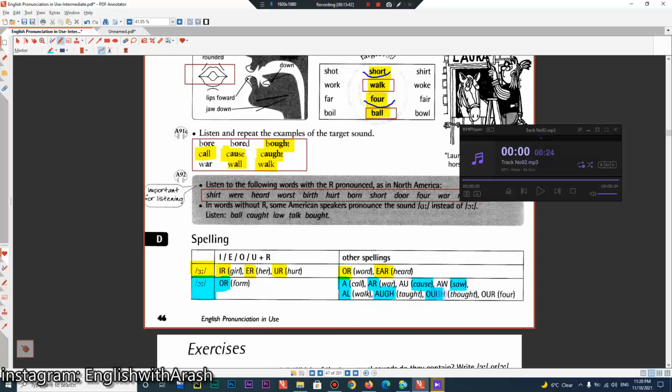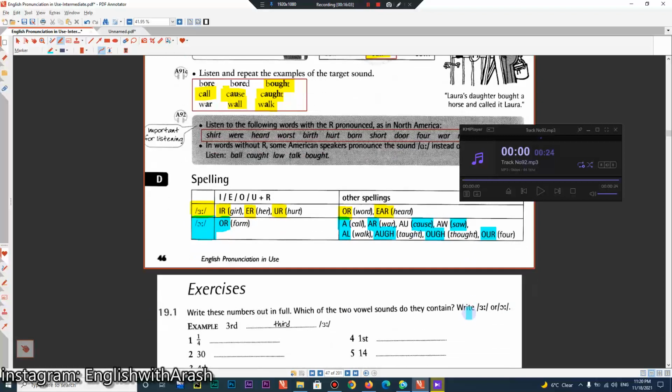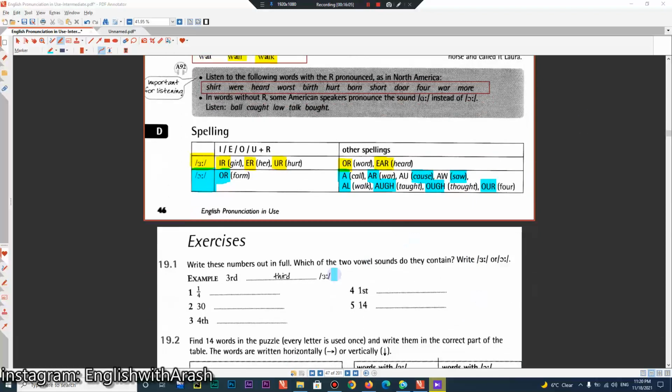I don't really know how to pronounce that, because some of the British, I can't really make the perfect British sound here. But they pronounce it like O. So they don't say call, they say call. Like short, call. Like this. But it's not very important. Let's go to the next part.